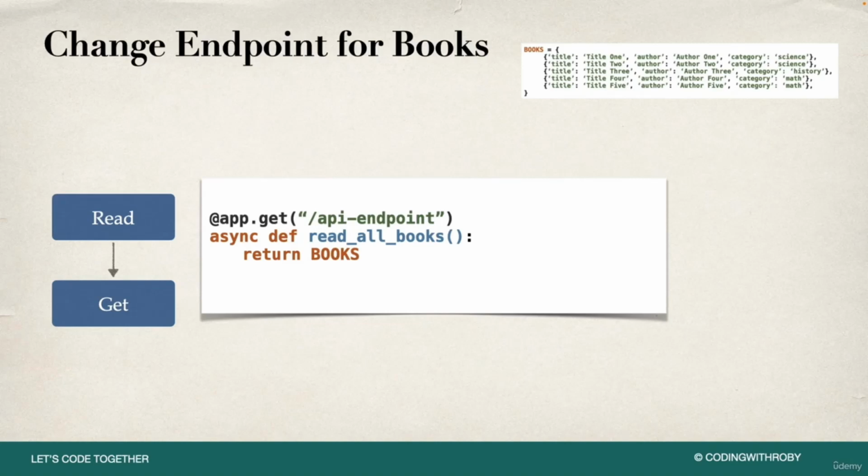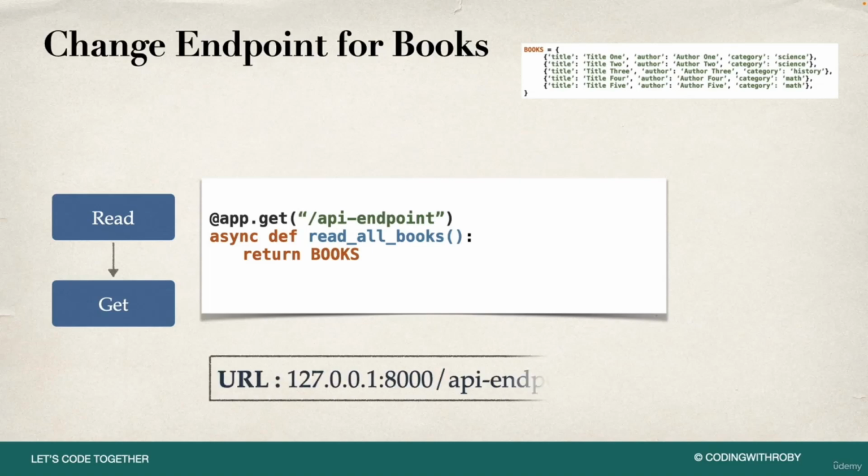This will return the list of every book we currently have. So if we go to the URL of our localhost port 8000 and we do /API-endpoint, this will essentially return all the books that we have currently in that list.